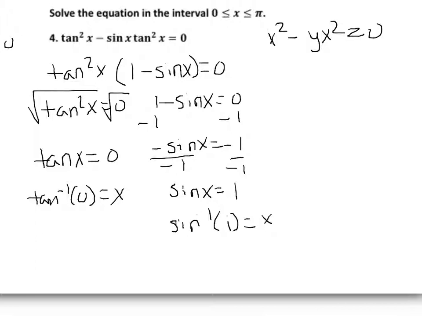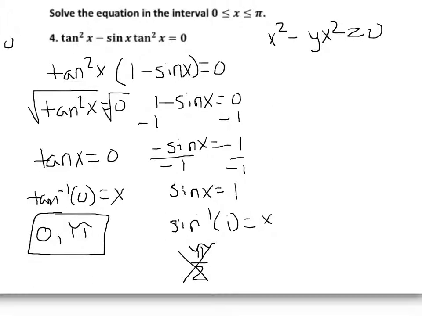Well, it equals 0 at 0 and pi. Where does sine equal 1 at, in between 0 and pi? Pi over 2. But can you do the tangent of pi over 2? No, it's undefined. So that is not it. So it's just 0 and pi.